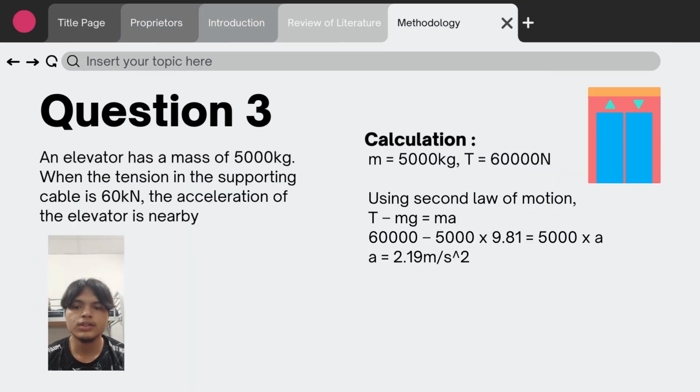For calculation question 3, an elevator has a mass of 5,000 kg. When the tension in the supporting cable is 60 kN, the acceleration of the elevator is nearly what?